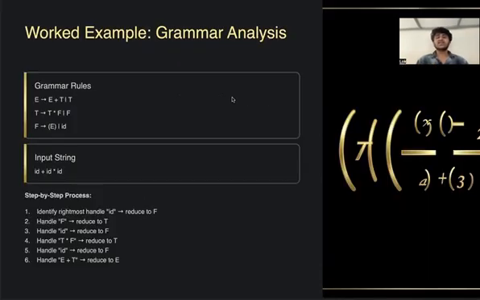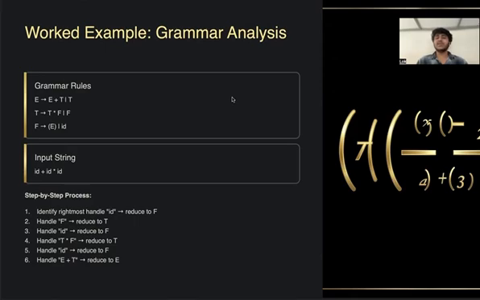And next slide, working example. Now let's see a real example. Take the grammar: E → E + T | T, T → T * F | F, F → (E) | id. Here the input string is id + id * id. Let's do it step by step.